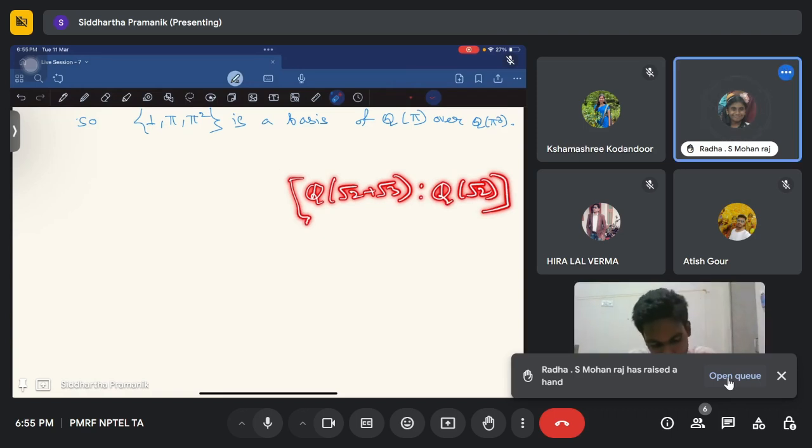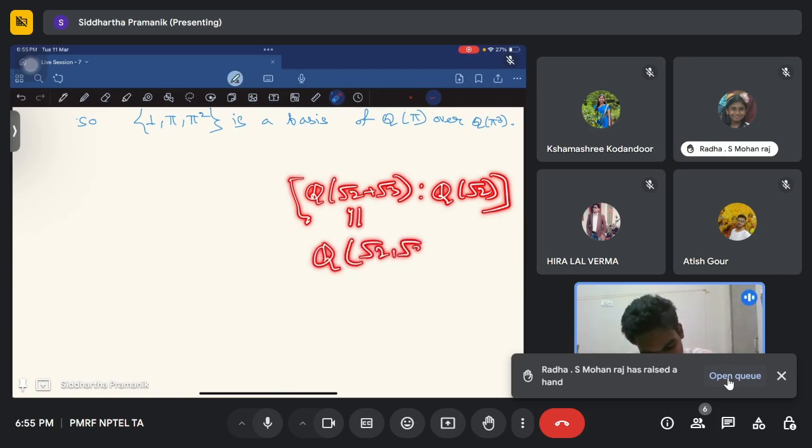Yes, sir. So I think it is easy because this field is actually Q(√2, √3), right? So you can treat it as Q(√3) with √2 attached. So you just need to find the degree of this extension.